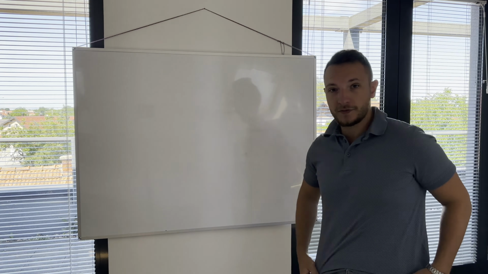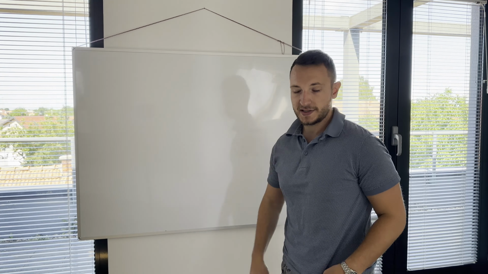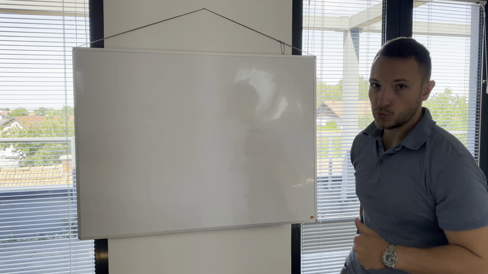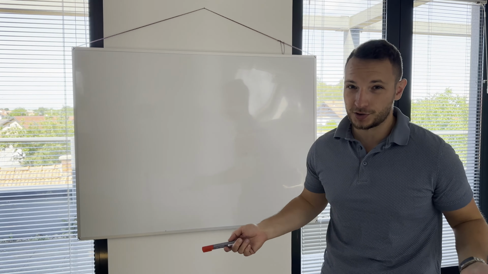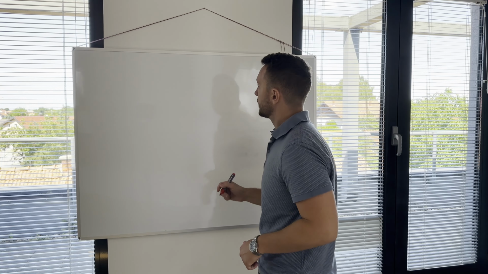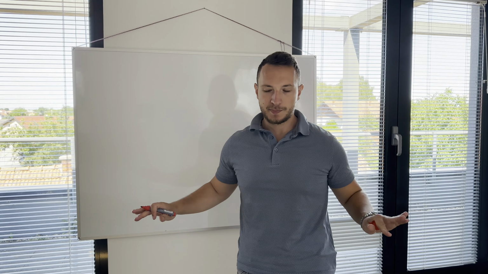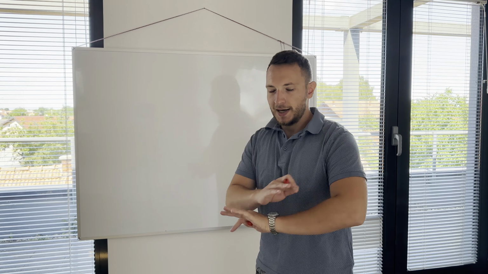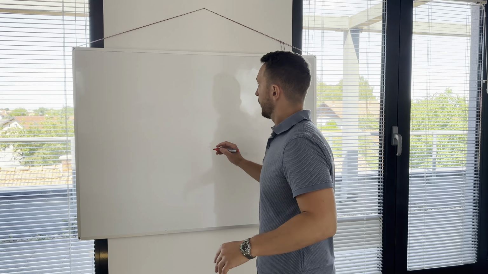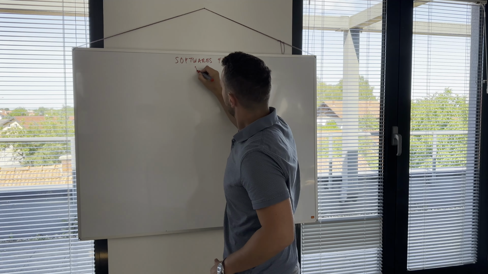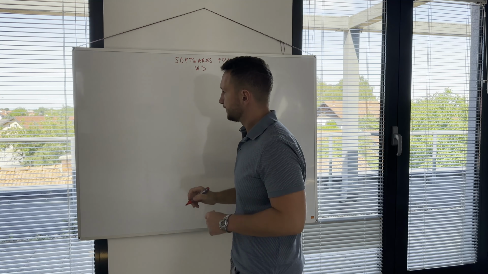So now that you've actually seen the steps of the design process, let me just quickly write the softwares and tools that I use, or some alternatives that you can use as well. I try to make the watch design process as simple as possible, so I use as few tools as possible. What I use, let's just write softwares for WD, watch design.